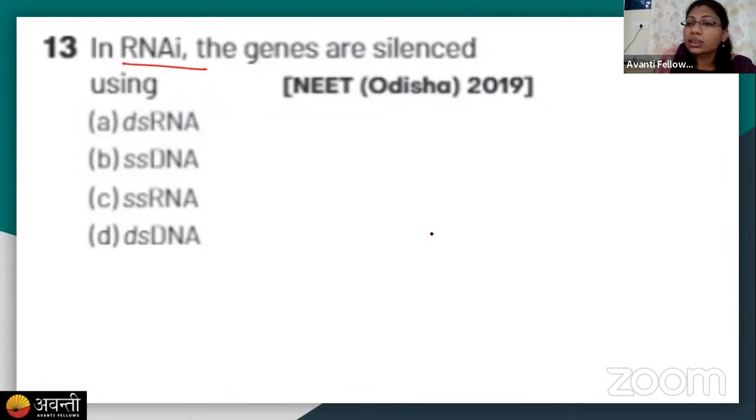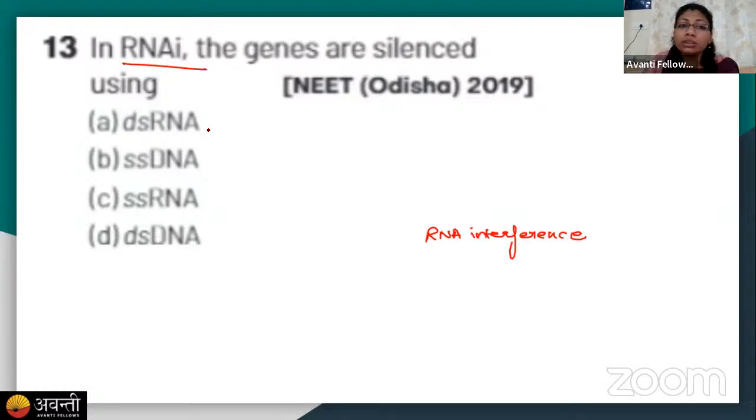RNAi is the technique RNA interference, in which genes are silenced. In this technique, we are using a particular type of RNA for silencing the gene. So what type of RNA are we using?